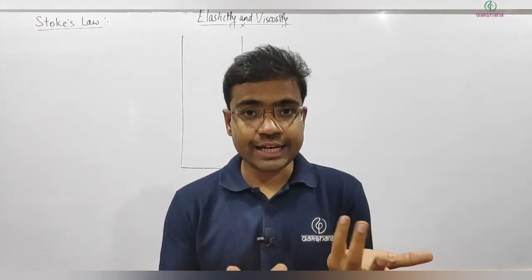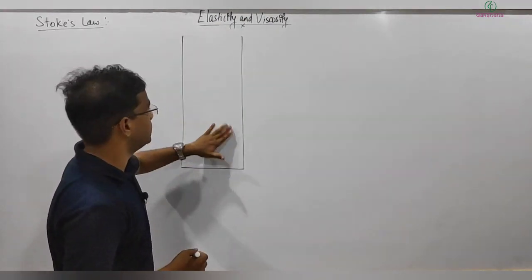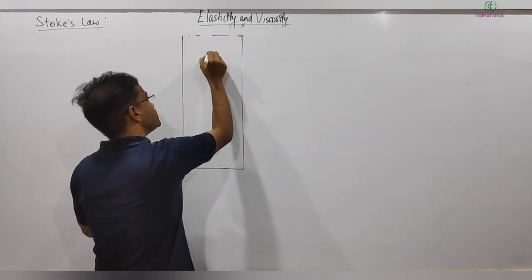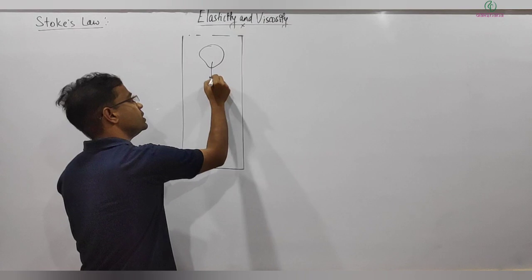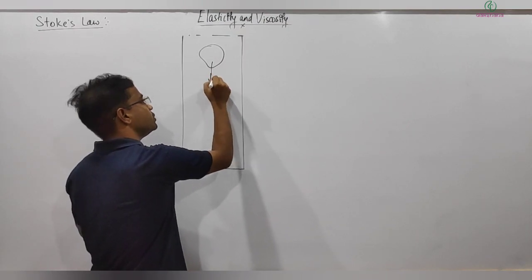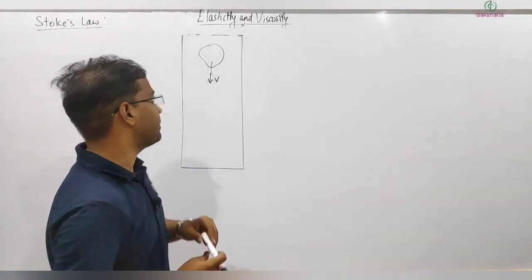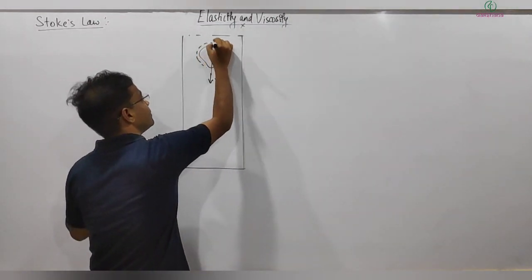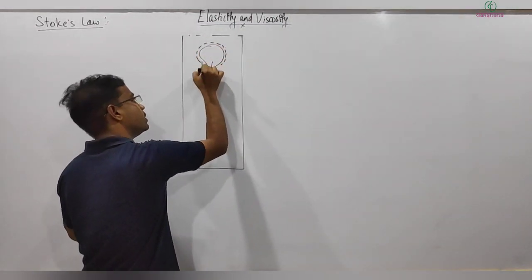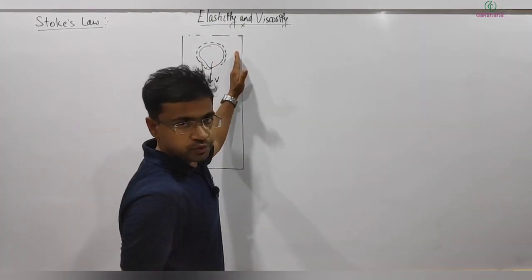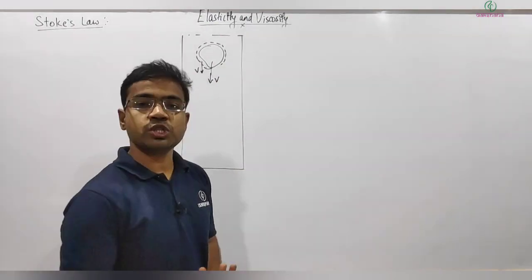Let's consider this is the container which is filled with some fluid. Let's fill it up to here, and one body is passing through this. Let's say we have dropped it, so it's moving, and at some point of time it has some velocity v. What will happen? The fluid which is in contact with this body will also be moving downward with almost the same velocity, and the fluid which is away from the body will be almost at rest.